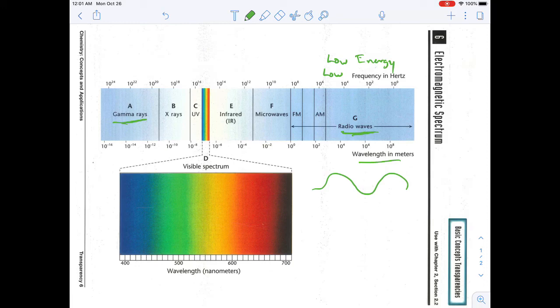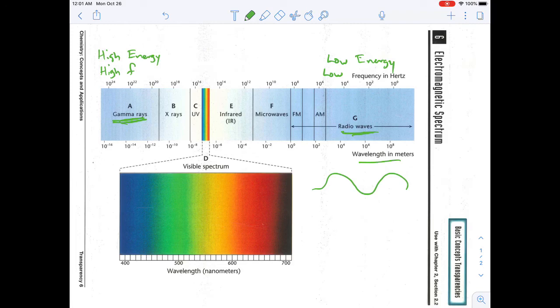And over on this side, gamma rays, the other side of the table, they have high frequency, and therefore they have high energy. These waves are very energetic. As a matter of fact, so energetic that gamma rays are typically associated with nuclear reactions and the makeup of suns and stars.